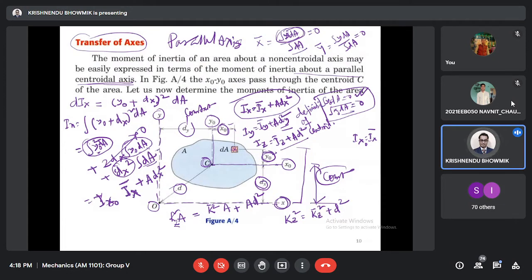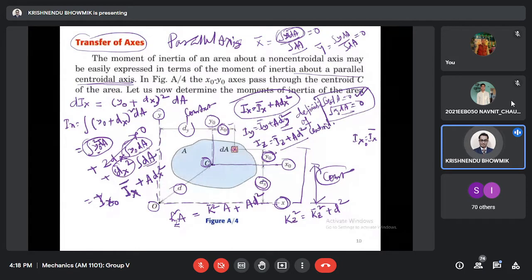Then the relationship is Ix equal to Ix at the centroid plus A multiplied by the distance square. Here it is dx square. For Iy, it is Iy equal to Iy bar plus A dy square. Iz equal to Iz bar plus A d square. Or in terms of radius of gyration, kz square equal to kz bar square plus d square. This is called the parallel axis theorem.